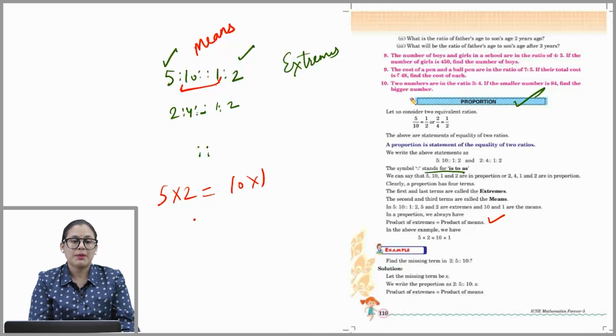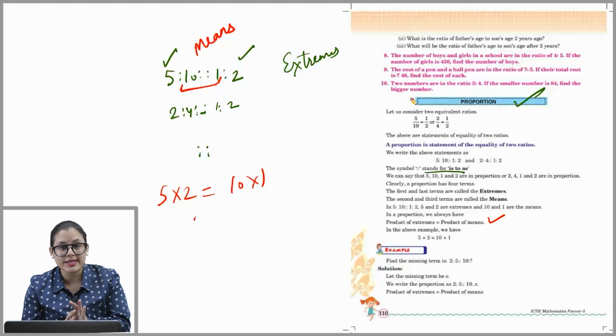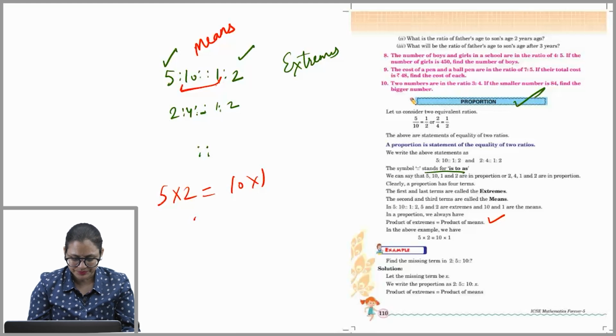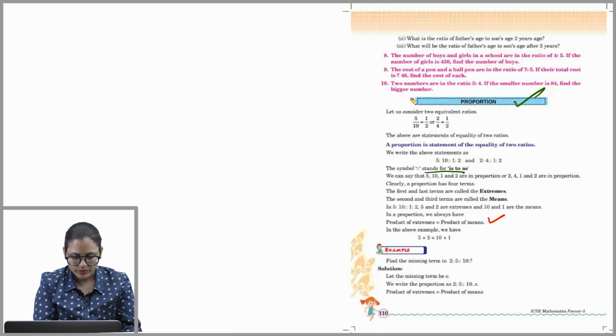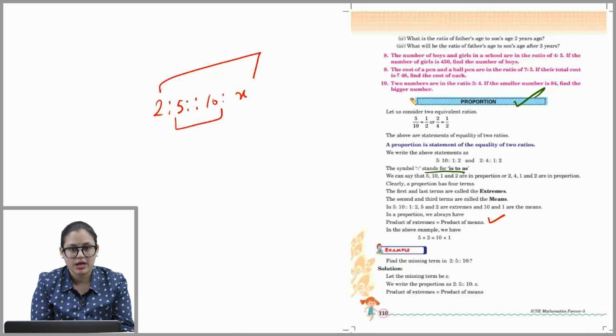Now example, find the missing term in 2 is to 5 is to as 10 is to dash. We don't know what the next term is. So let this term be x. 2 is to 5 is to as 10 is to x. These are the extremes and these terms are your means.